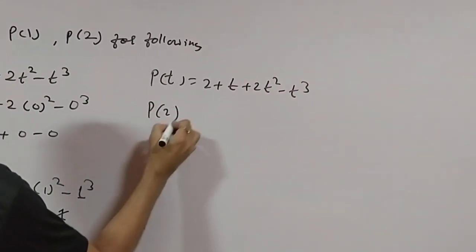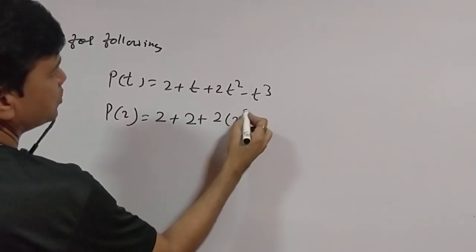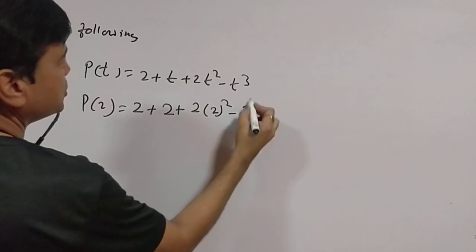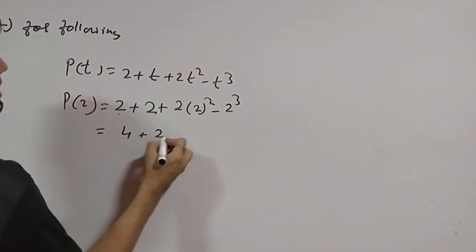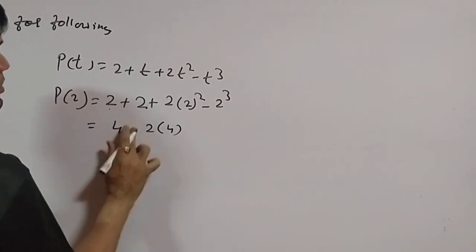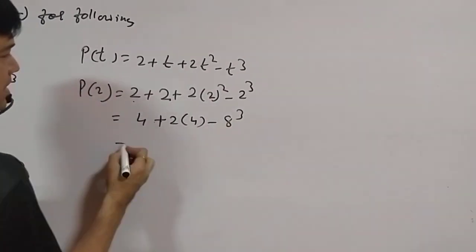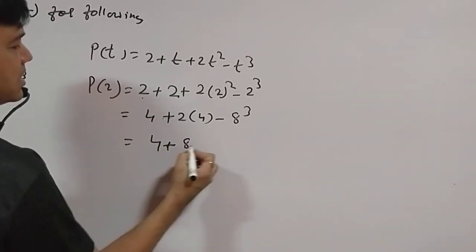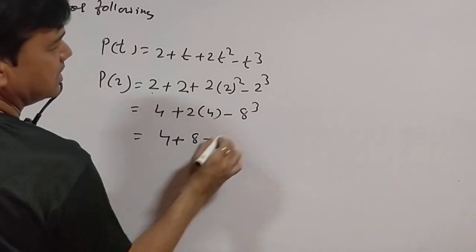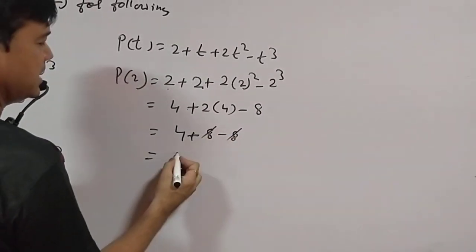P of 2 is 2 plus 2, 2 into 2 square, minus 2 cube. 2 plus 2, 4. 2 into 2 square, 2 square is again 4, minus 2 cube is 8. 2 4s are 8, minus 8. 8 minus 8 cancel.